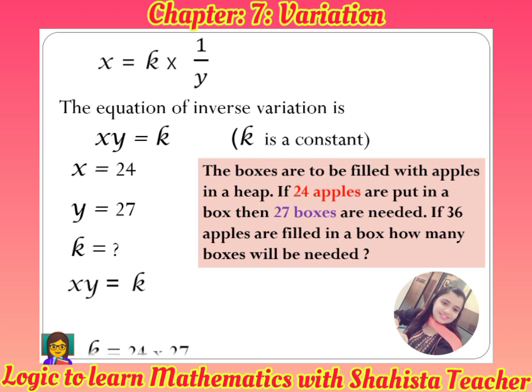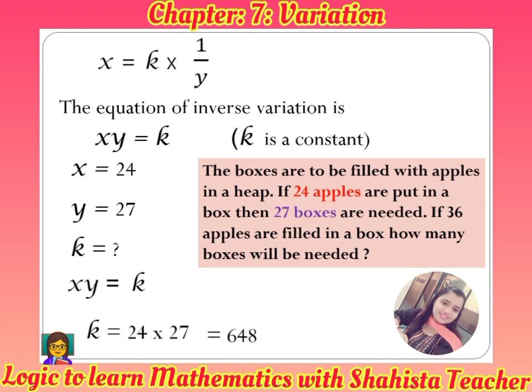So x multiplied by y is equal to k. K is equal to 24 multiplied by 27. That is 648. After multiplying x into y, we get here 648. Is that clear?